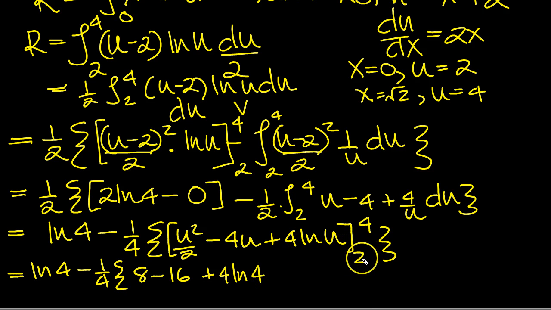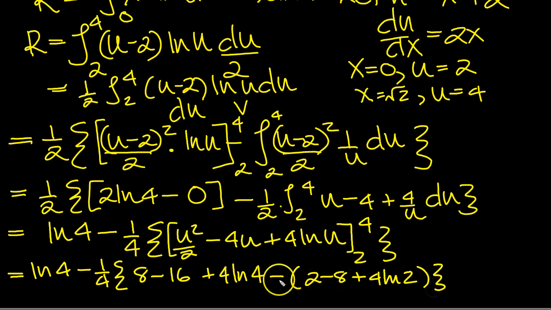And then put in the 2 now, so that's the top value. Take away the bottom value, so put a bracket, 2 in here, 2 squared is 4, 4 over 2 is 2, minus 8 here, and then plus 4 log 2 in here. Close that bracket, close the brace.